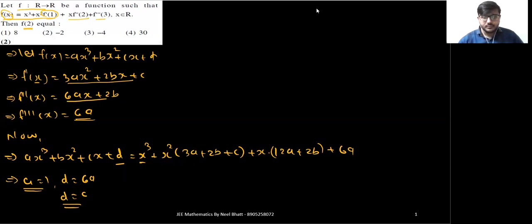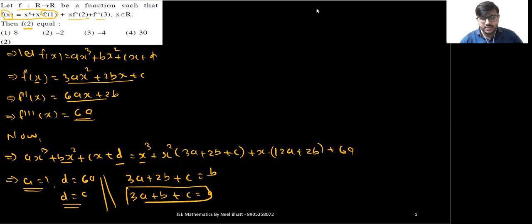Now second case, let's compare the coefficient of x square from both sides. So we have 3a plus 2b plus c equals b. So from this, we can obtain that 3a plus b plus c equals 0. This is our equation 1, let's say. Okay.